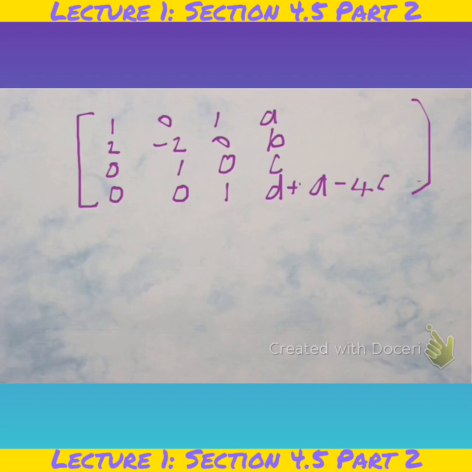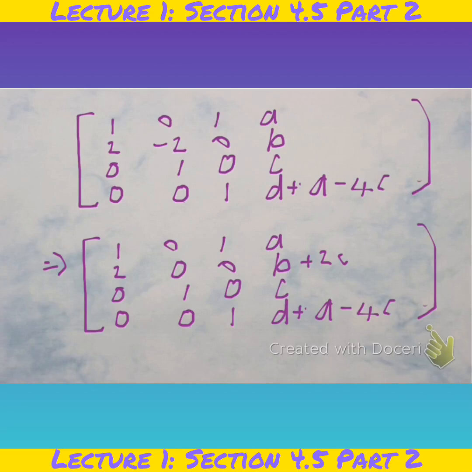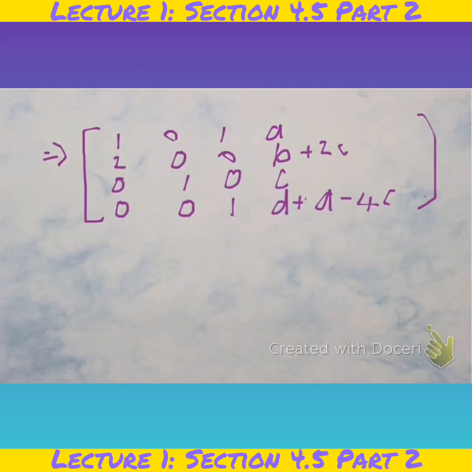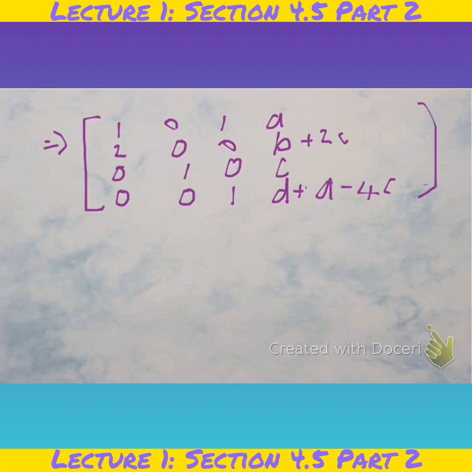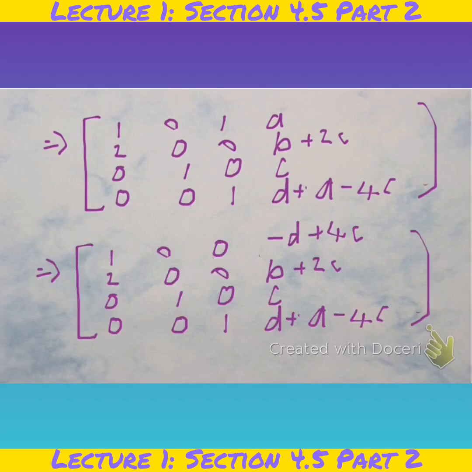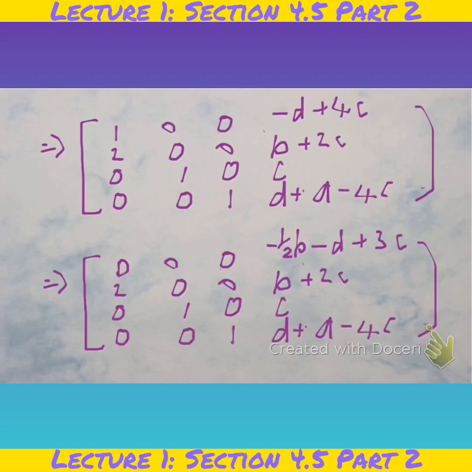Then we take minus the last row and add it to the first row. Then we take the second row, multiply it by -1/2, and add that to the first row, and we get our final matrix.